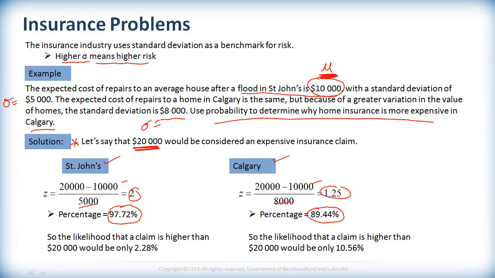So the likelihood that a claim is more than 20 grand in St. John's is only 2.28%, but in Calgary, it's almost 11%. So there's about an 11% probability that your claim is going to be more than 20 grand.